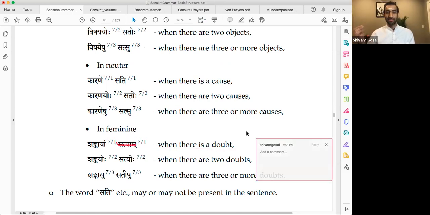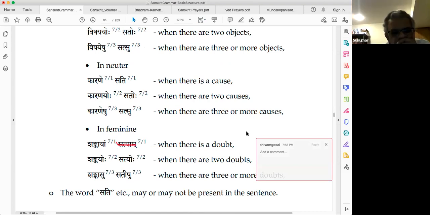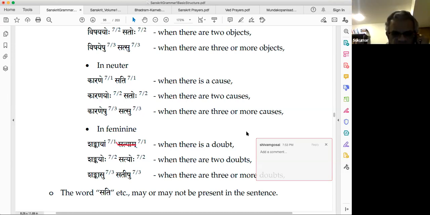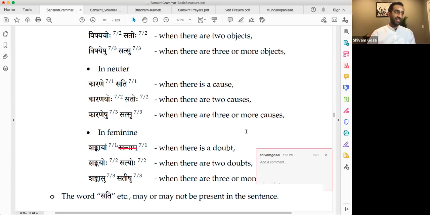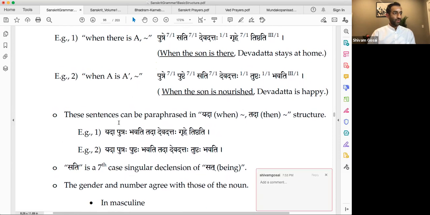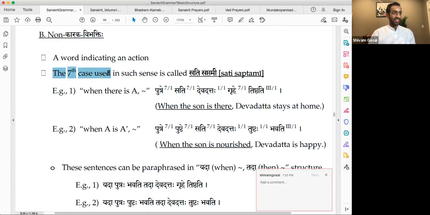That sati saptami meaning is when there is. Why don't we just say saptami? What is sati saptami? Sati saptami is the specific phrase, which is when the 7th case is used in this very specific format.